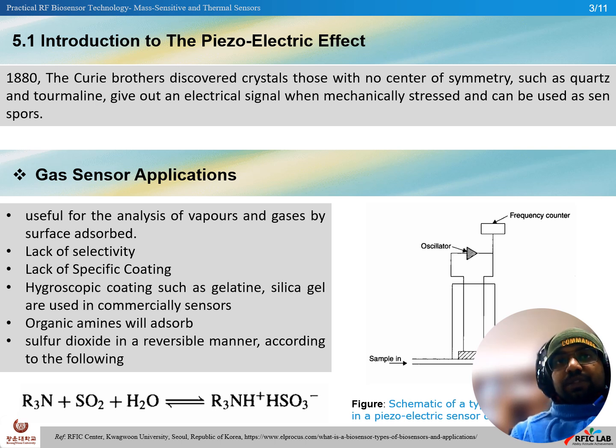Then organic amines will also absorb, and sulfur oxide in the reverse manner should be performed for the gas sensing. We can see below the reaction when ammonia and silicon dioxide react with water, then it forms ammonium hydrosulfide for the reaction of the gas sensing.